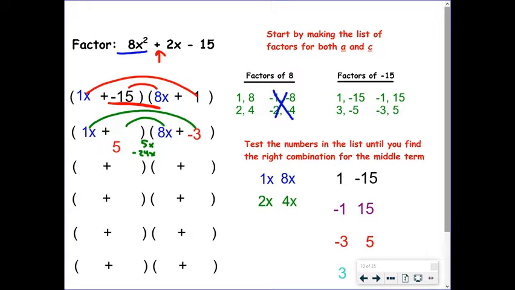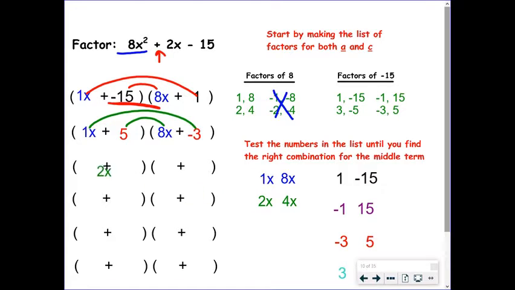What if I switched it? Well, that's going to give me a positive 40x and a negative 3x. No, that doesn't get me to 2x. So maybe it's not 1x and 8x. So now I'm going to try the other one.